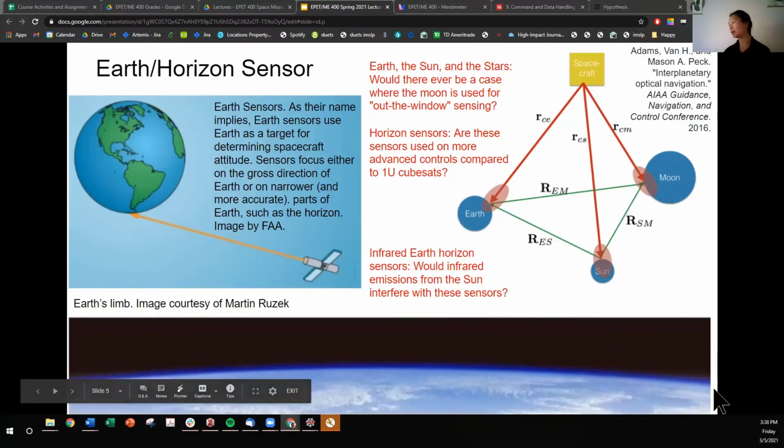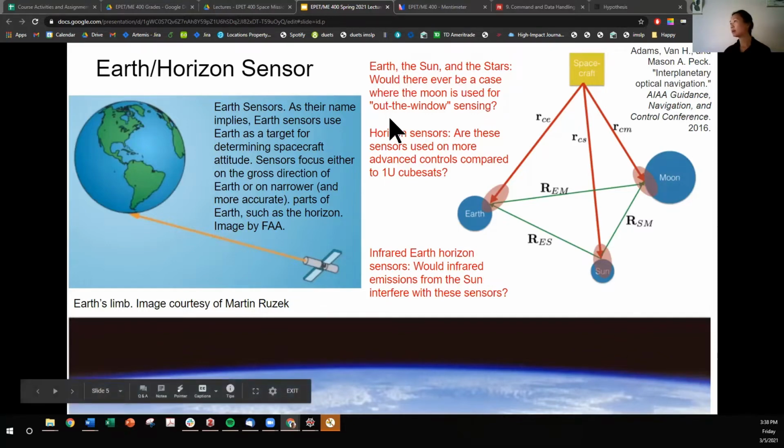What you're trying to calculate or see from the sensor is a distinct line or edge that you can draw in this pixel map. You can already see in this picture that maybe the atmosphere, some thermal emission, can blur that line. Even the pixel resolution can get you a better or a worse reading depending on how many pixels you have.